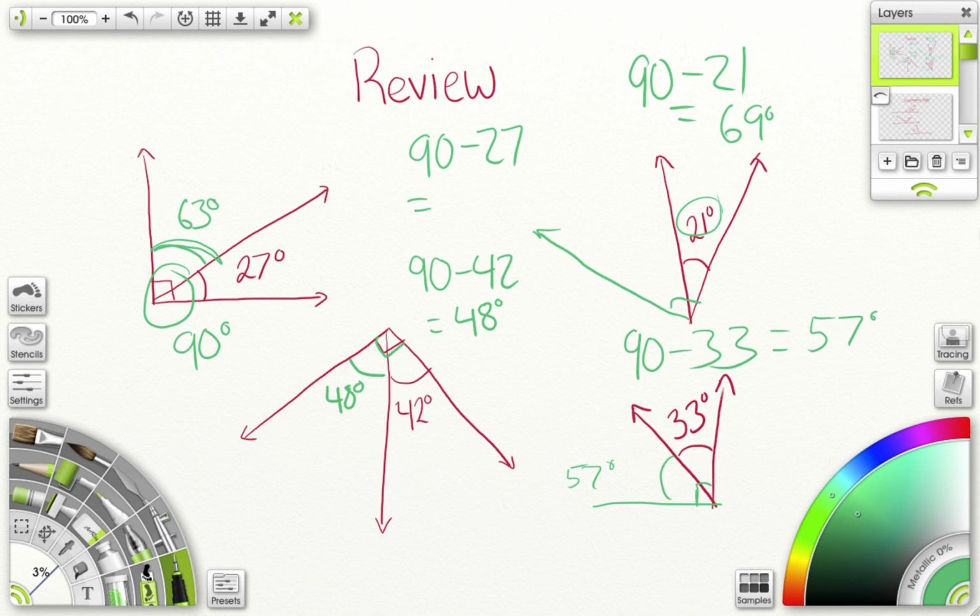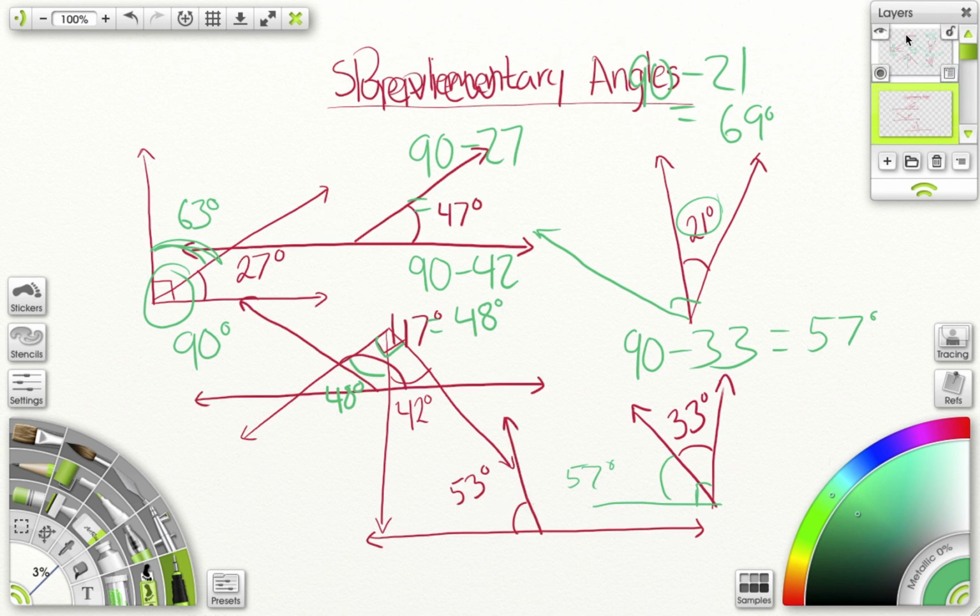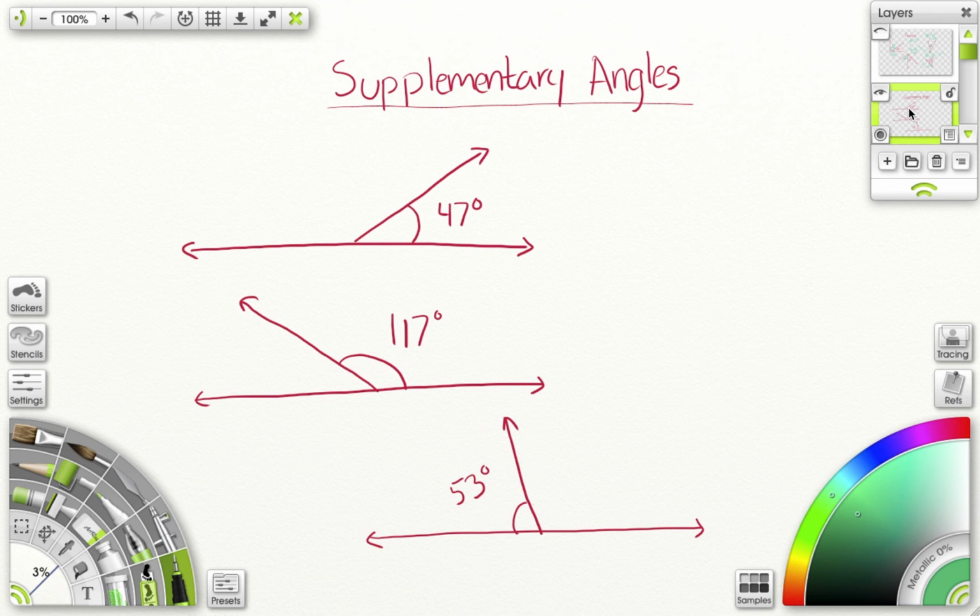And on that long note, we're going to move on to supplementary angles. So the difference between supplementary and complementary angles. Supplementary angles are 2 or more angles that add up to 180, whereas complementary adds up to 90. So the only difference is that I have to find an angle here that added to 47 equals 180.